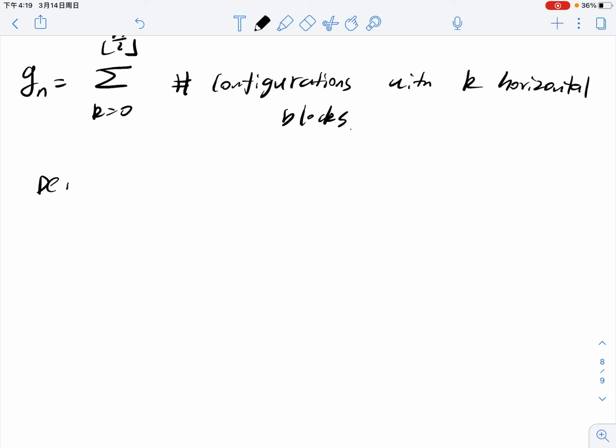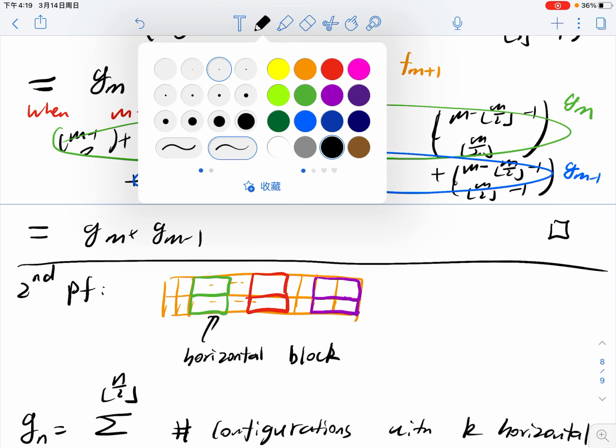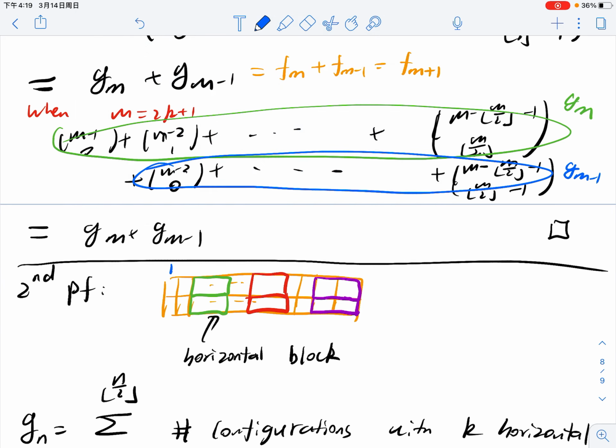Okay, and let's give an index to each column, in different colors: 1, 2, 3, 4, up to n.